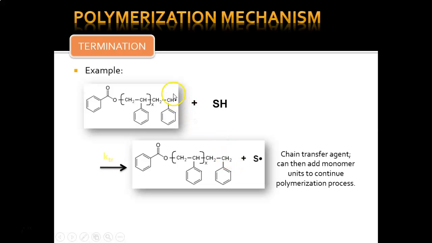Because the active site here is left, we convert it to another hydrogen. So leave it as CH2 and S together with the abstractable hydrogen. The chain transfer agent can then add monomer units to continue the polymerization process.